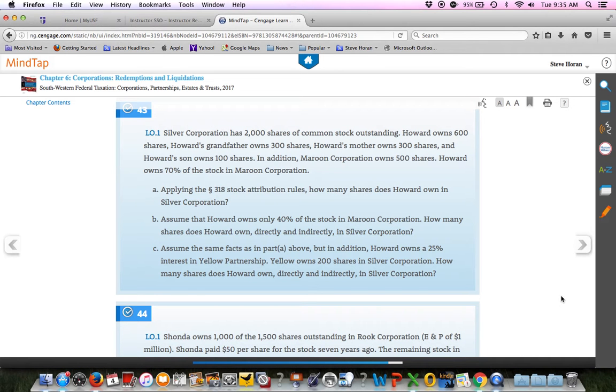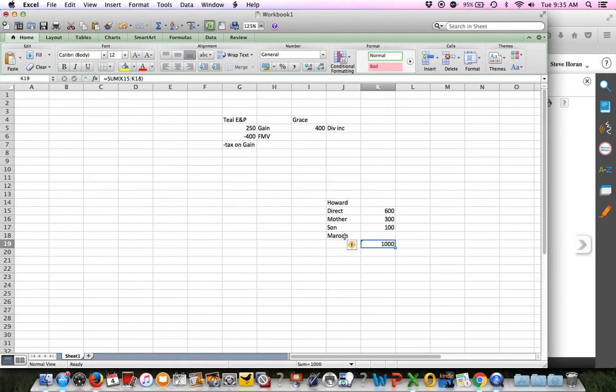Letter C, assume the same facts in A above, but in addition, Howard owns 25% interest in Yellow. Yellow owns 200 shares in Silver. How many shares does Howard own directly or indirectly in Silver? And the answer now just becomes, we add basically 50 more shares. So let's go back and show the Maroon number here. Okay.